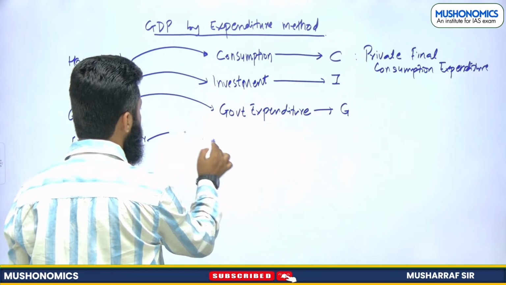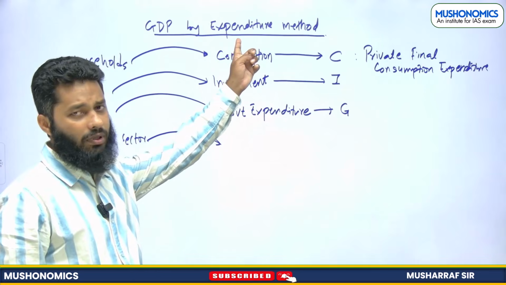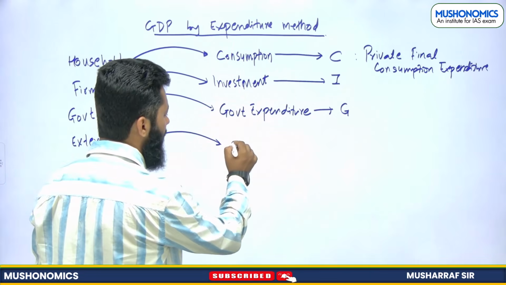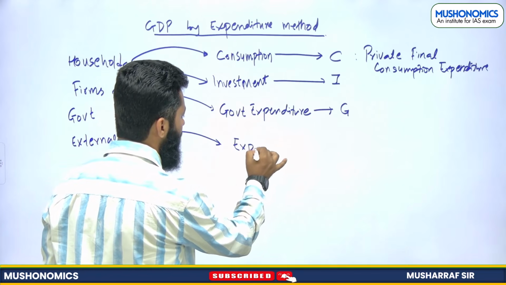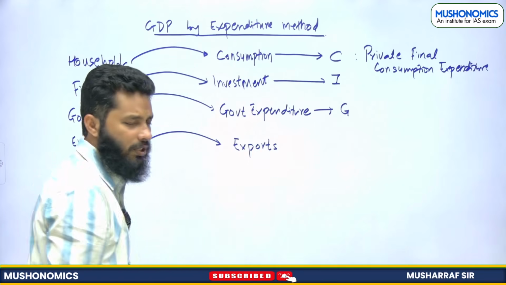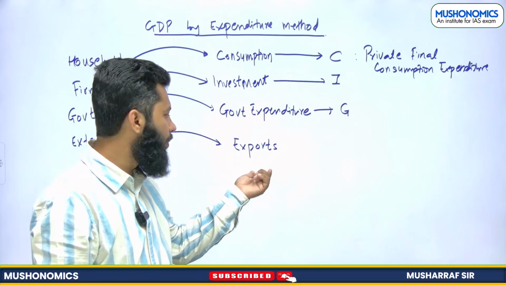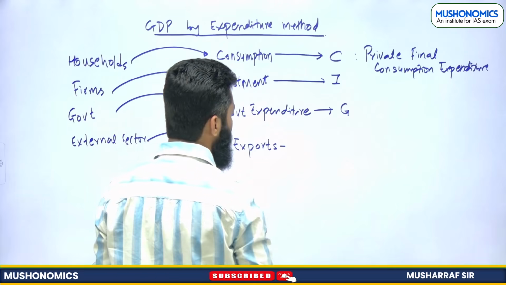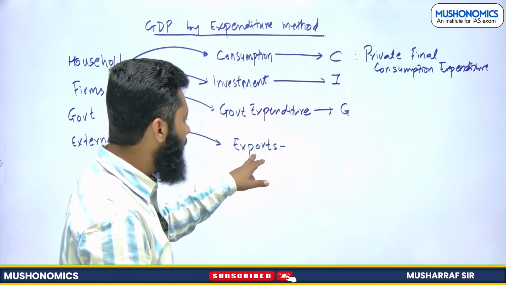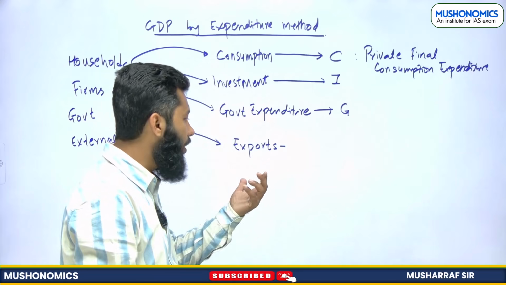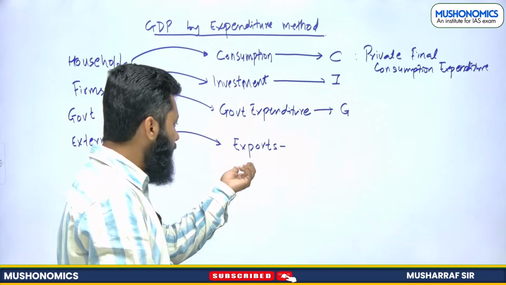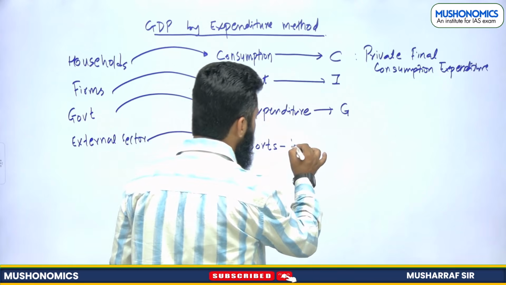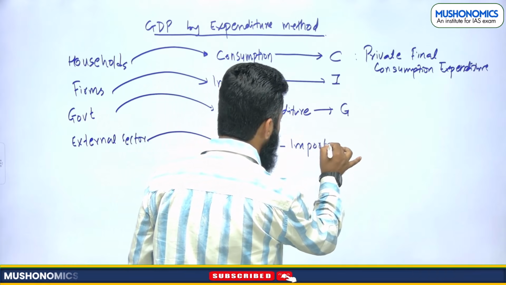And for the external sector, since we are more concerned with expenditure, we calculate expenditure on exports, the goods that are produced in our economy, and imports, those goods which are not produced in our economy, on which we are spending. On exports we are earning something, so we subtract imports from here.